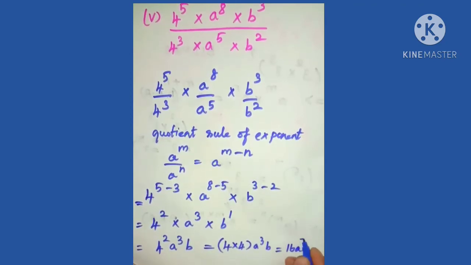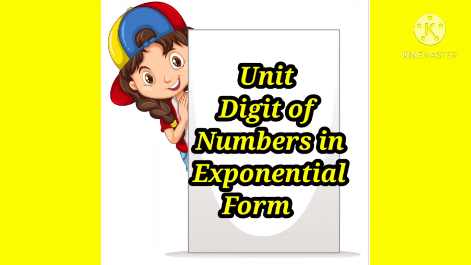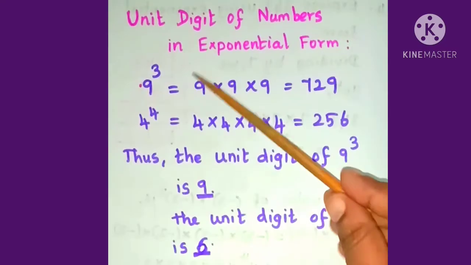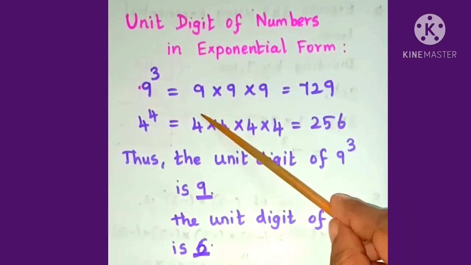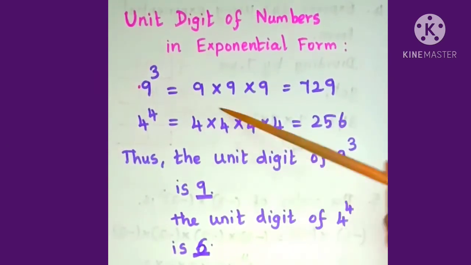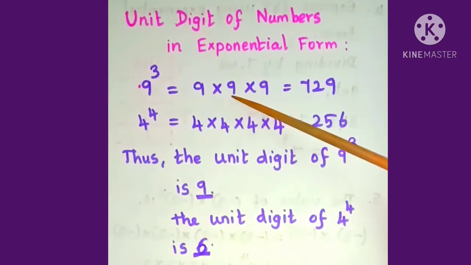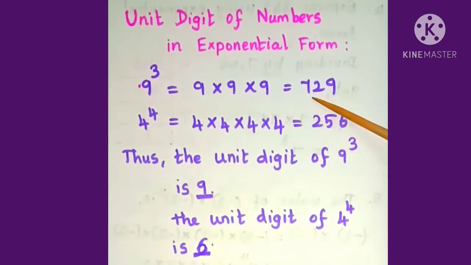Now let us see about the unit digit of numbers in exponential form. Now students, we know that the expansion of 9 cube is 9 into 9 into 9, which is 729.